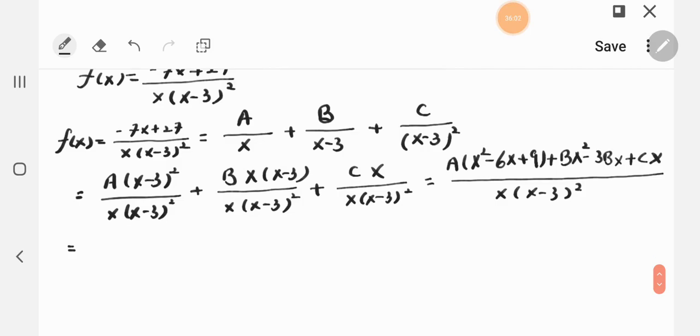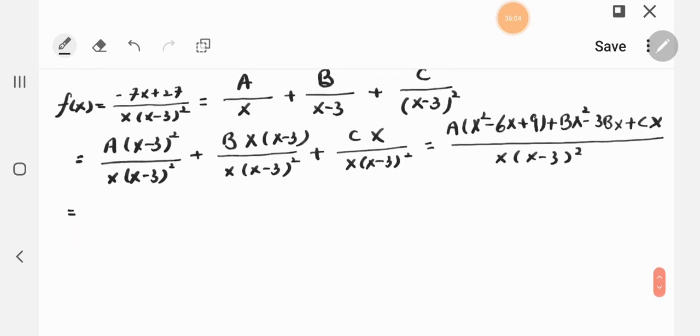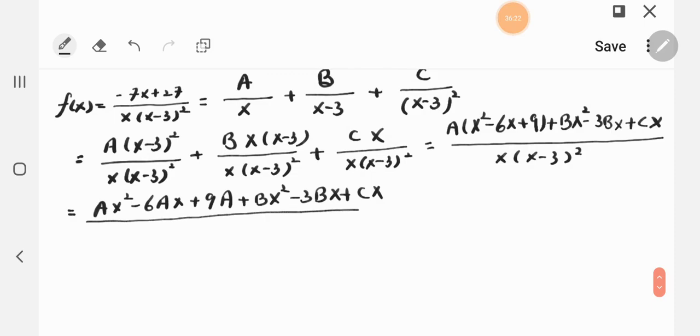Okay, then this is equal to, okay, distribute, so ax squared minus 6ax plus 9a plus bx squared minus 3bx plus cx over x times x minus 3 squared. So this is equal to now, okay, combine the like terms in the numerator.